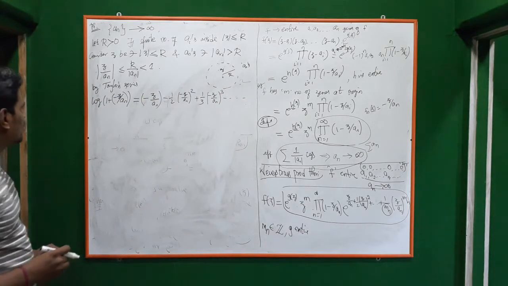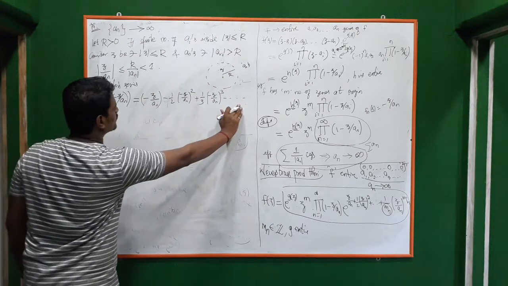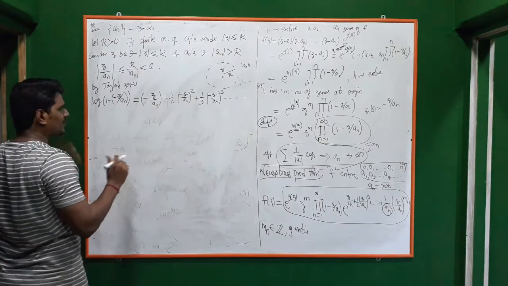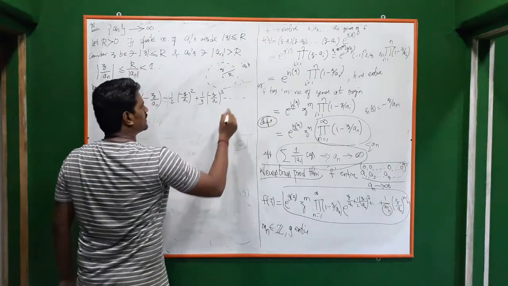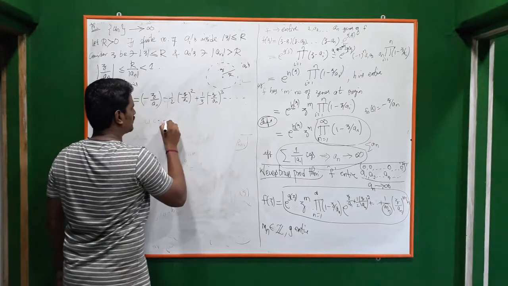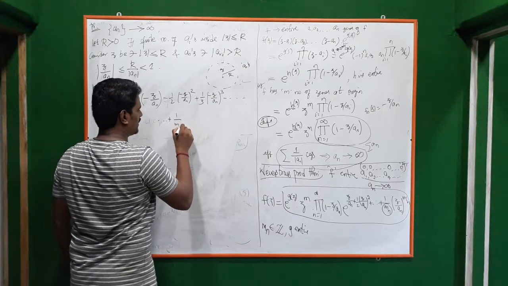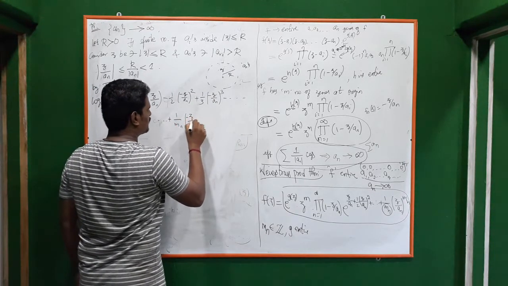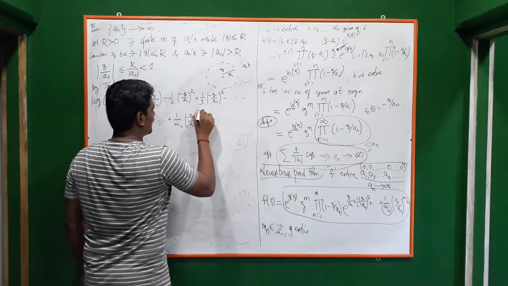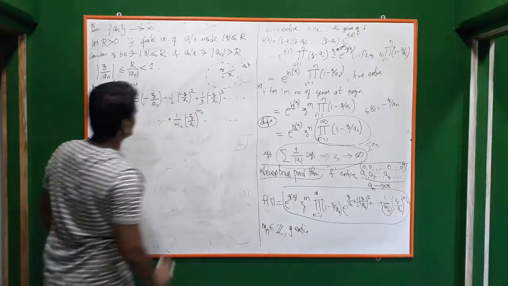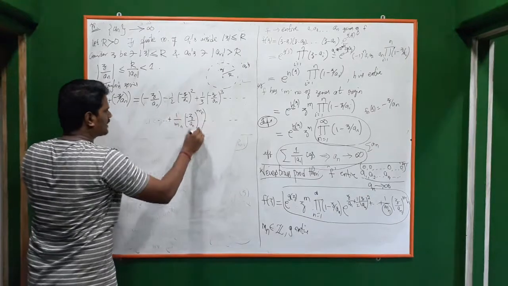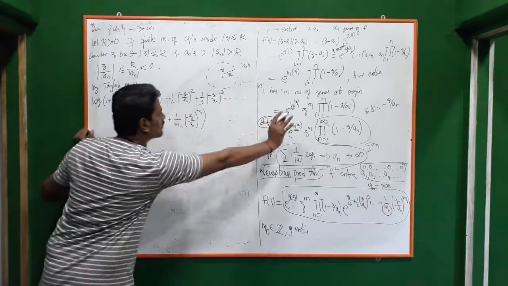Correct? We have infinitely many terms here. We can stop somewhere, up to the term (1/m_n)(z/a_n)^(m_n) and so on. Stop it somewhere and consider this part separately and that part separately.